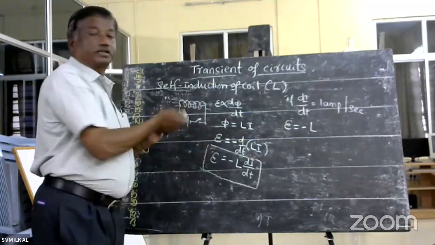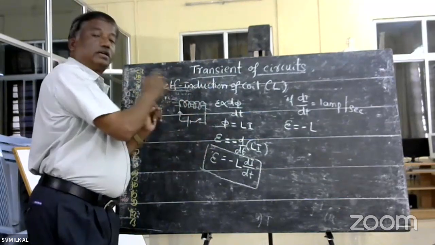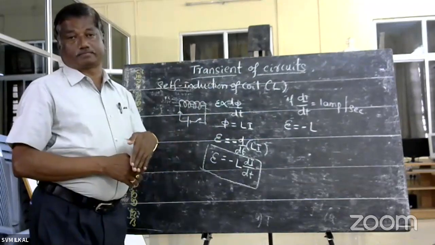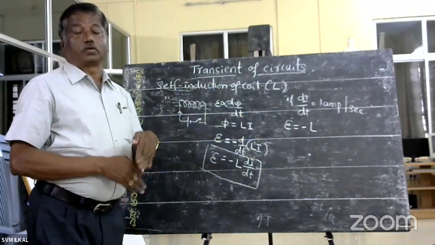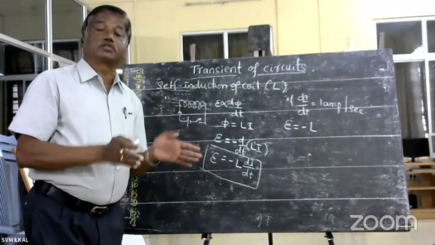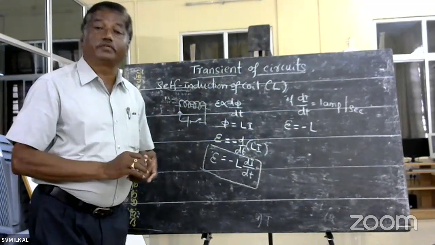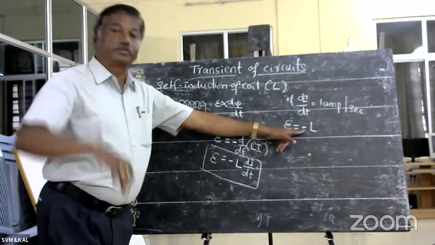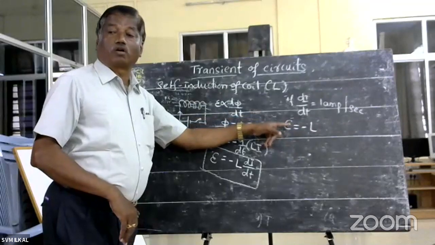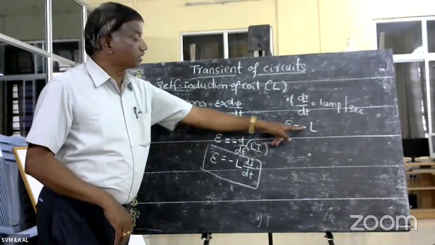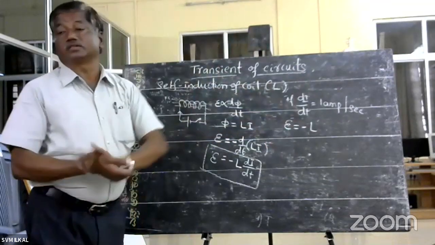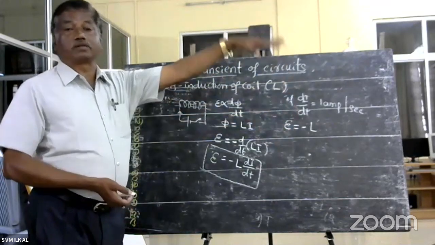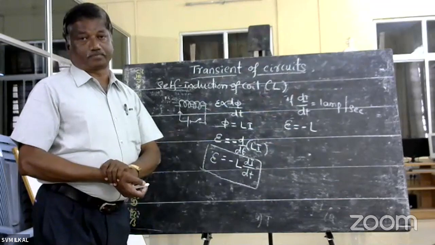When you switch off the circuit, again an EMF is induced. That EMF opposes the fall of current. Okay. Totally, that EMF's nature is to oppose the change of current. That's why, either switching on or switching off the circuit, there is an opposition offered by the induced EMF. That's why it's considered as a negative sign. It is applicable for growth of current as well as decay of current.